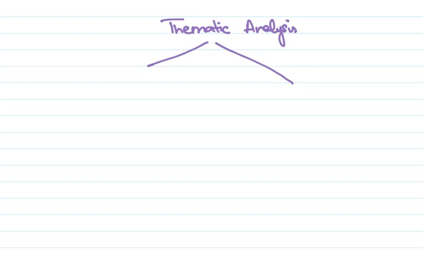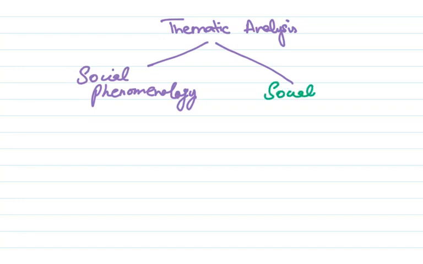One of them is what is called the social phenomenology approach. And the other one is called the social representations approach. Now, what exactly are the differences?